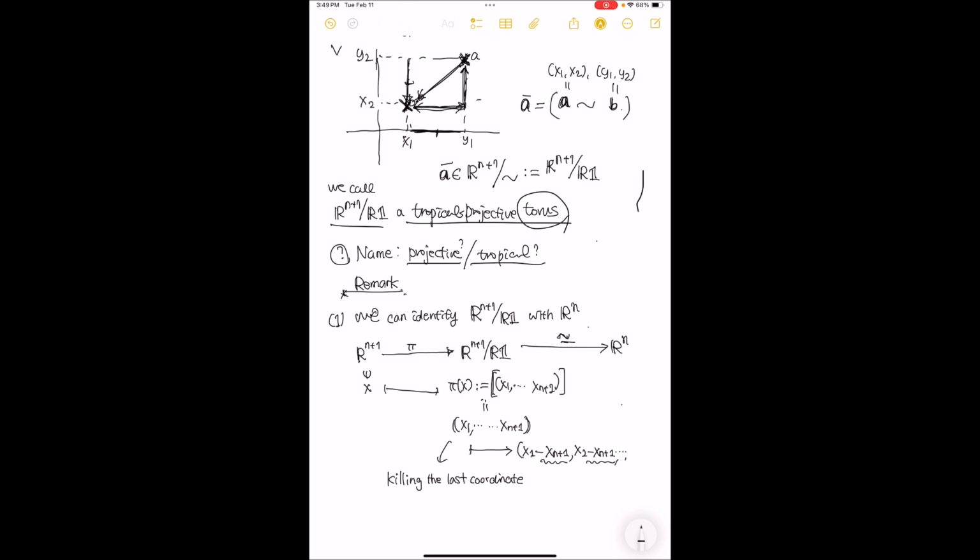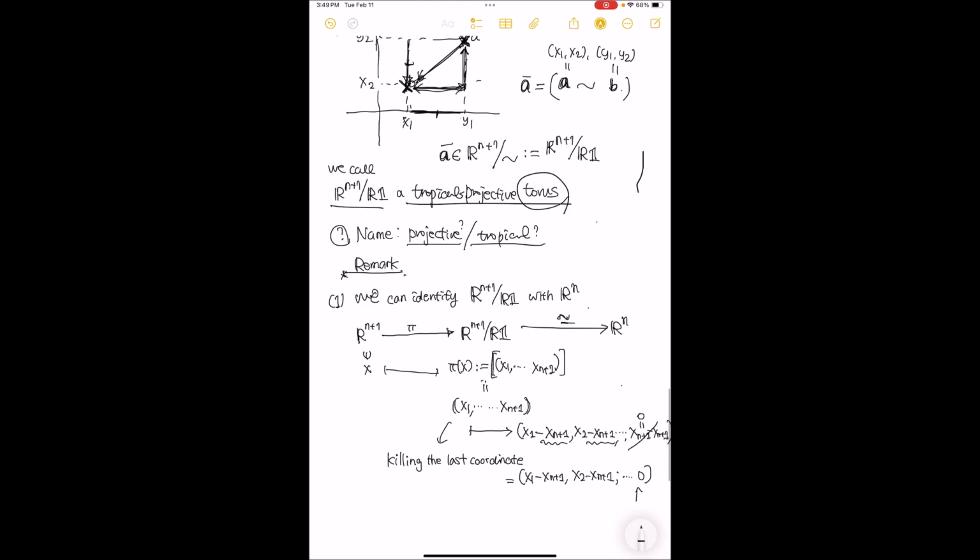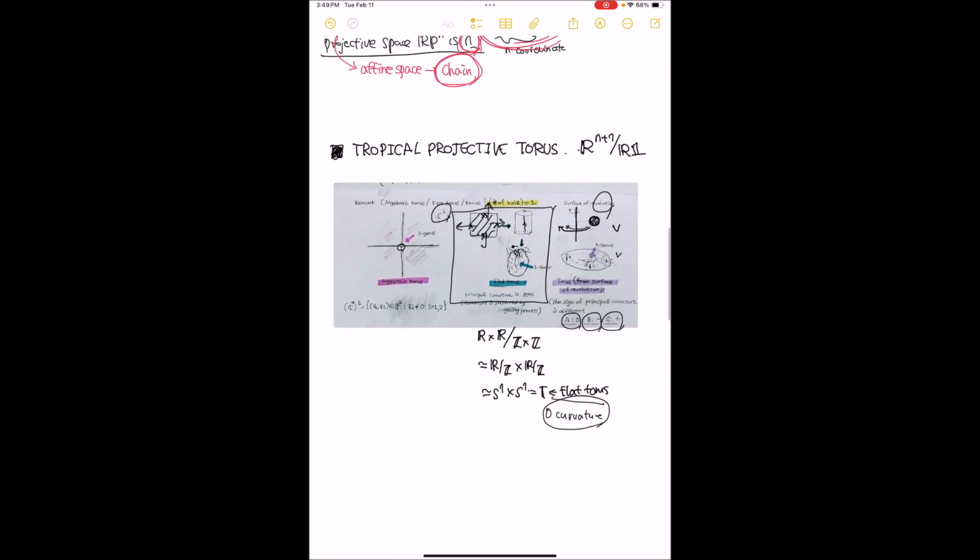The last term is xn plus 1 minus xn plus 1, so that vanishes and the last coordinate is zero. That plays the role of a dummy variable in projective space.